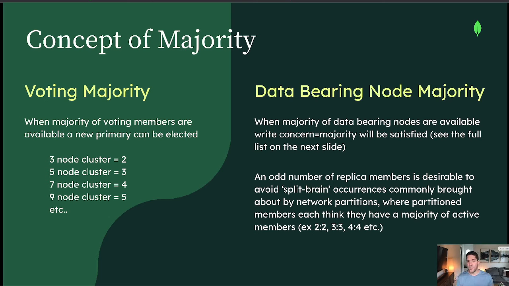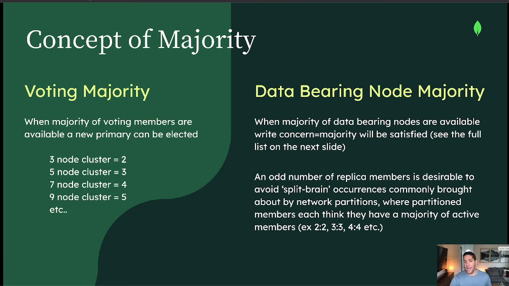So 2 replica members can go down, etc. Majority also pertains to write concerns, where since version 5.0, MongoDB's default write concern is majority. So now if we have a 5-node replica set, we need write acknowledgement from 3 of the 5. We need to ensure that we maintain a majority for our writes to commit.